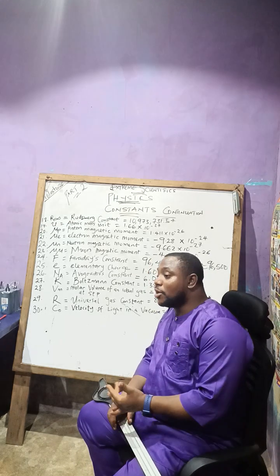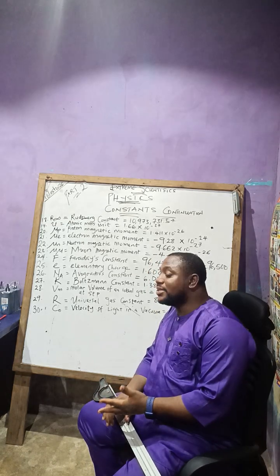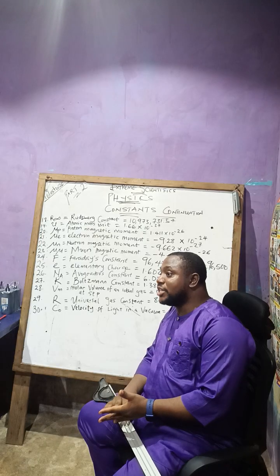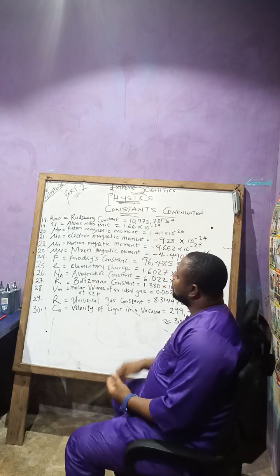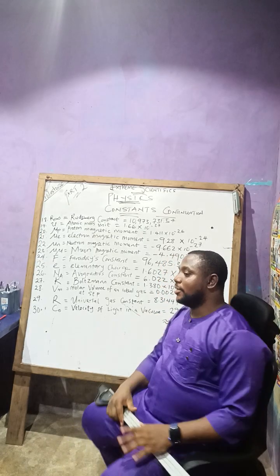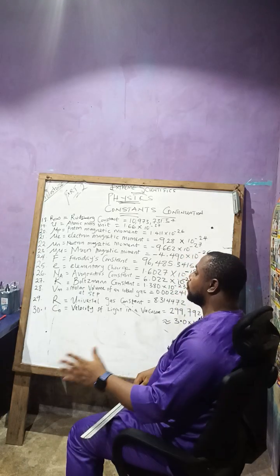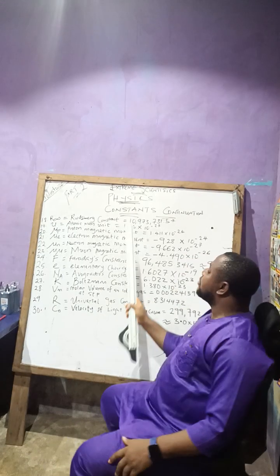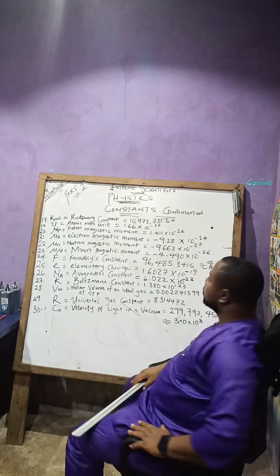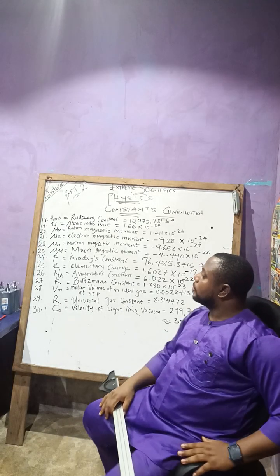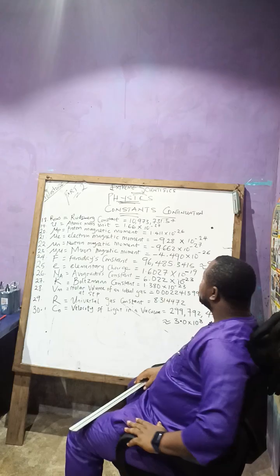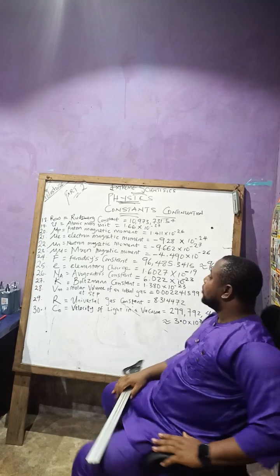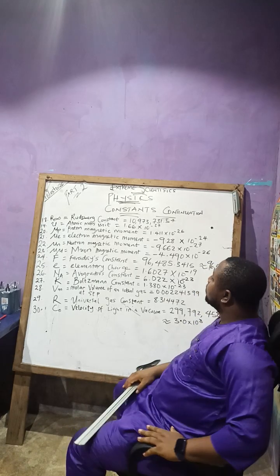We will deal with momentum, moments, the moment of inertia, and kinetic energy. We will deal with all those things in physics and use them to solve equations. So we have the proton magnetic moment.